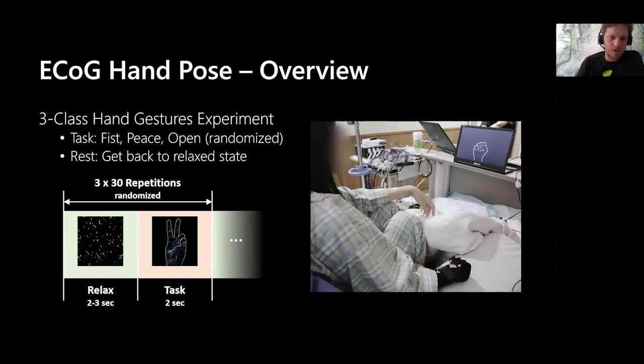And then afterwards, there was a stylistic gesture shown on the screen, which indicated which hand pose she had to form. This was 2 seconds. Overall, we had 30 repetitions for each pose. So that means 3 times 30 repetitions, because we had 3 poses, and all of them were randomized.